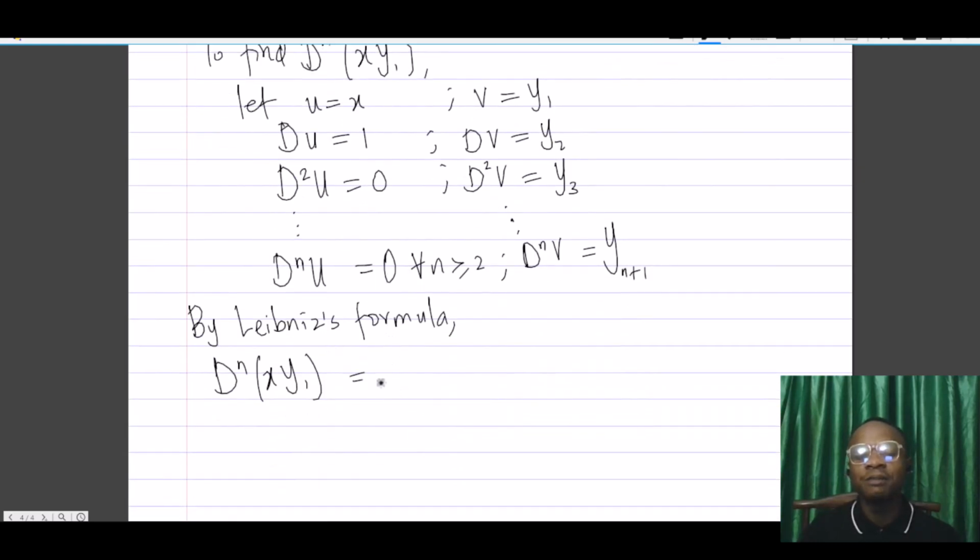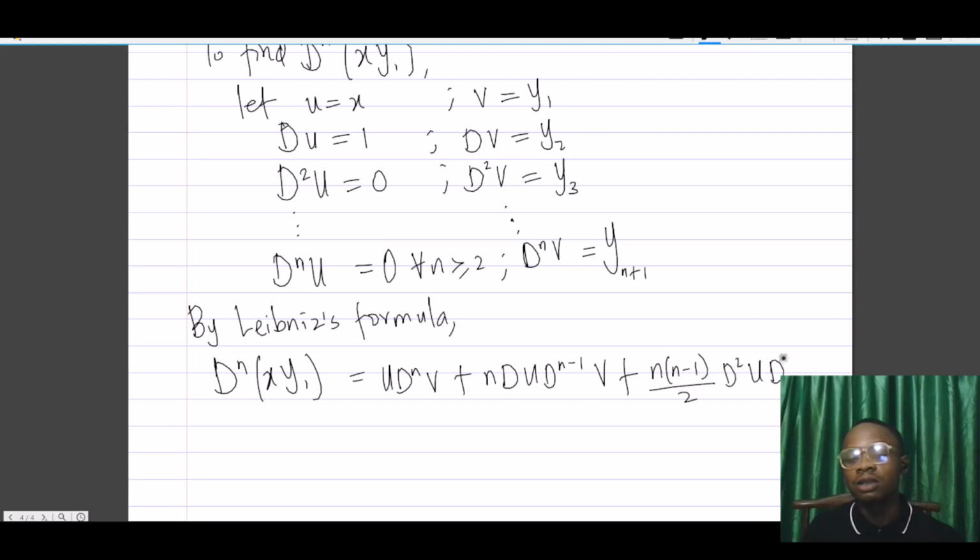So this is going to be u the nv plus n combination of 1, that is n into the u the n minus 1 v, then plus n into n minus 1 over 2, then the squared u the n minus 2 v.